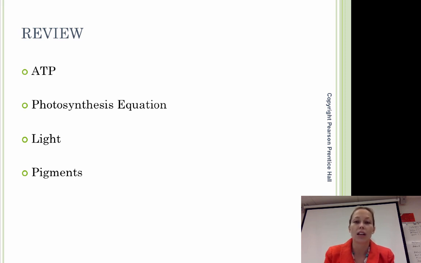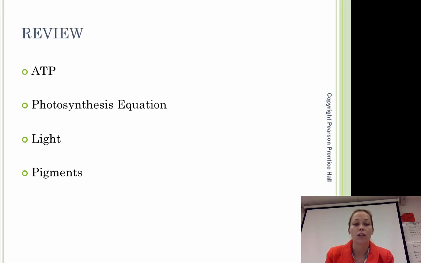You need to know the chemical equation for photosynthesis. Photosynthesis has 6 CO2 plus 6 H2O, which is going to give us C6H12O6 plus 6 O2.